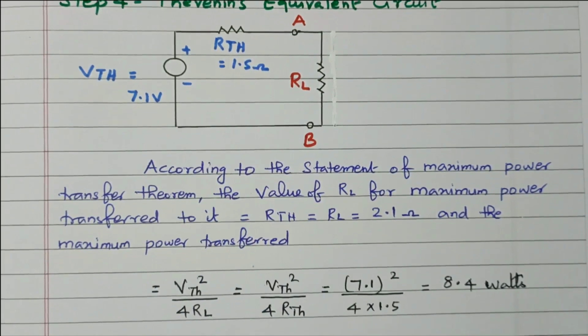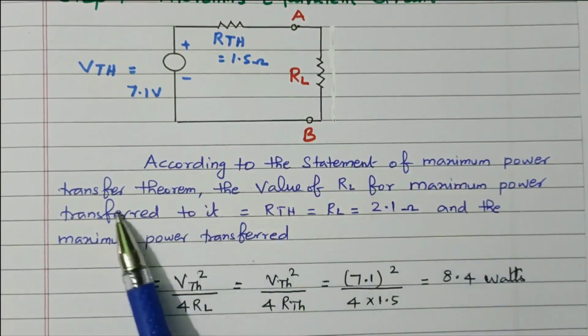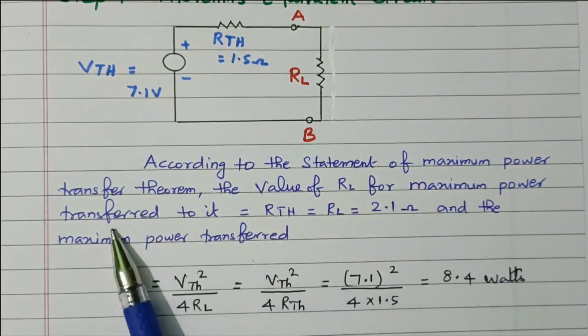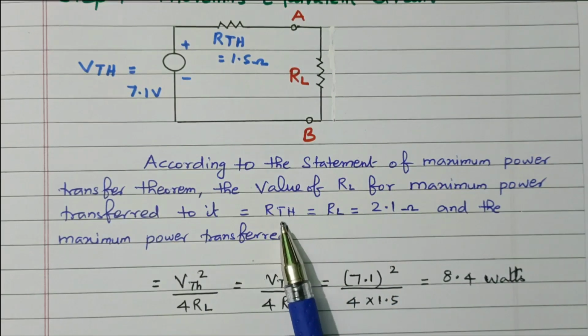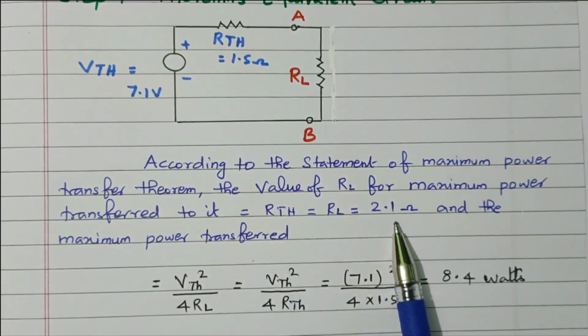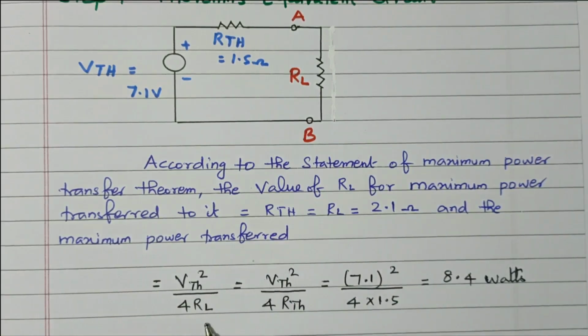Then how to find the maximum power transfer? According to the statement of the maximum power transfer theorem, the value of RL for maximum power transfer is RTH equal to RL. Both are equal. And the maximum power transfer formula is VTH square divided by 4RL.